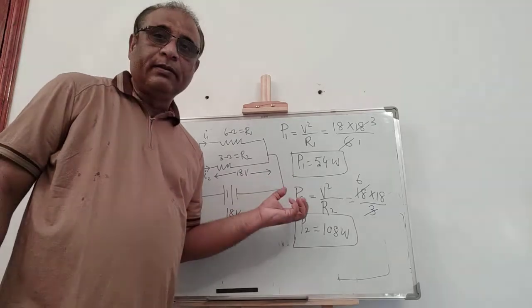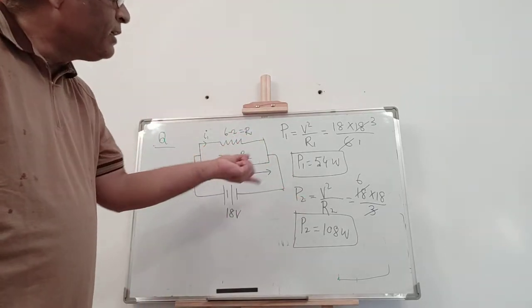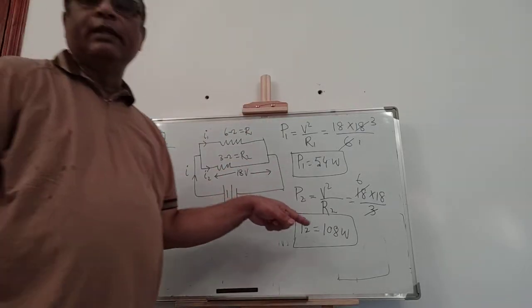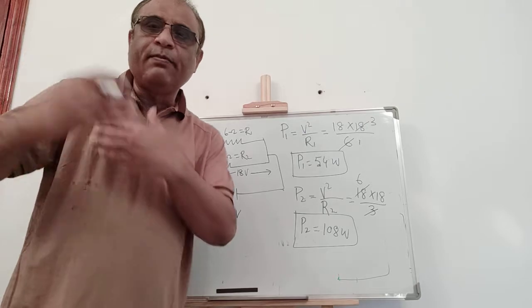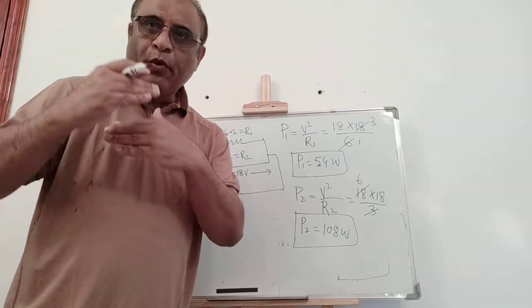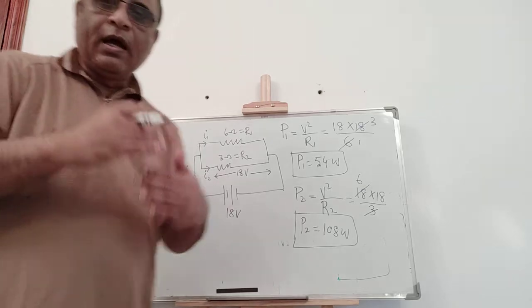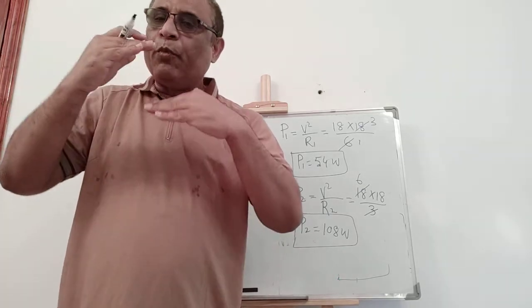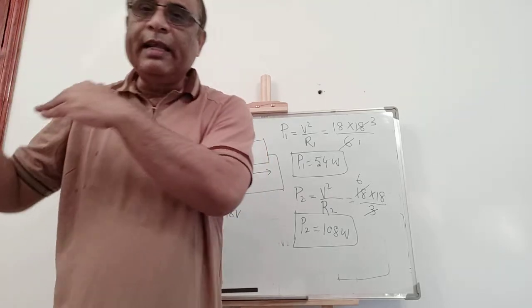What do you observe here? Power is inversely proportional to the resistance in the parallel combination. Less resistance, more power. More resistance, less power. In series, more resistance, more power; less resistance, less power.